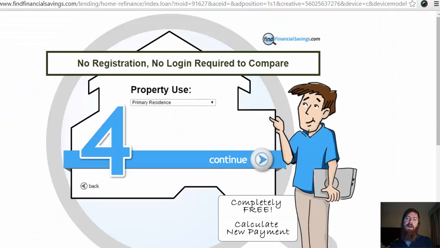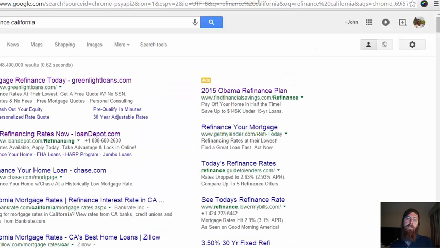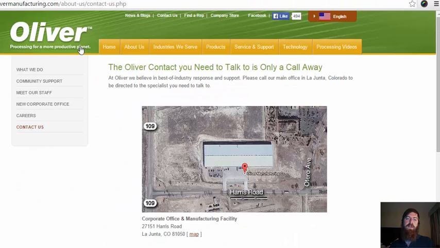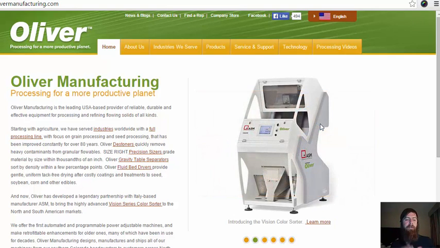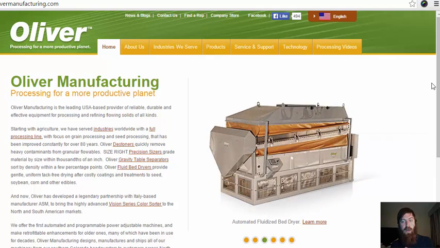And let's do that. If we want to do that for Oliver Manufacturing, you would show somehow Oliver Manufacturing's machines are making the agricultural processing companies they work with more efficient.